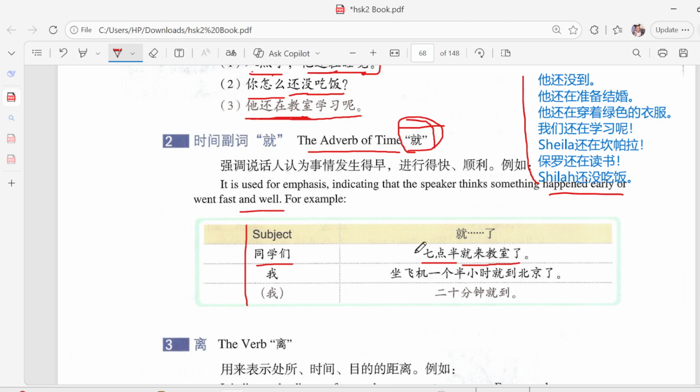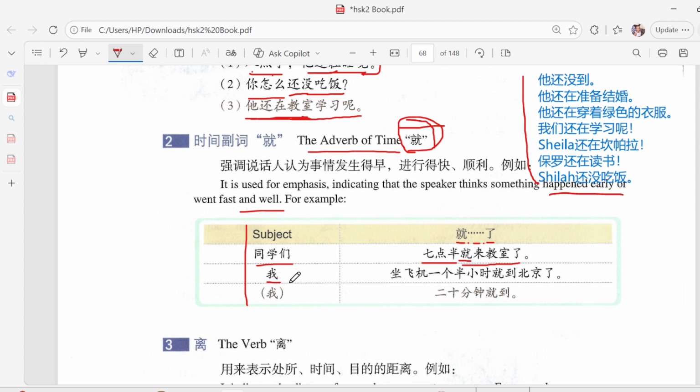You see, 他们7点半就来教室了. The speaker thinks something happened early or went fast and well. So the structure is 就 with 了 at the end of the sentence. 同学们7点半就来教室了. Let's look at the second example.